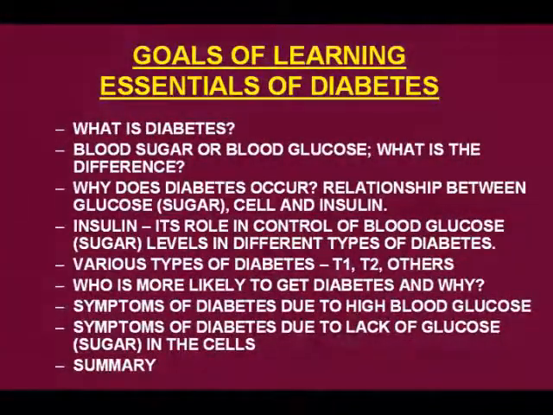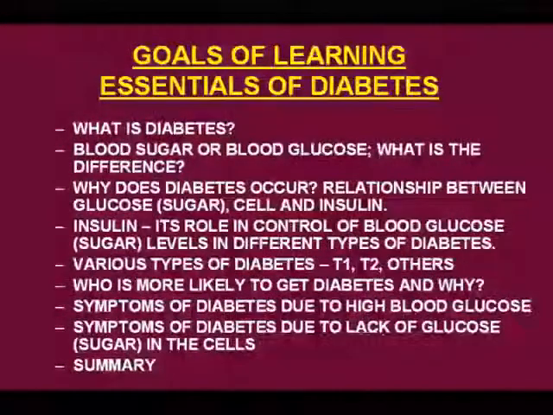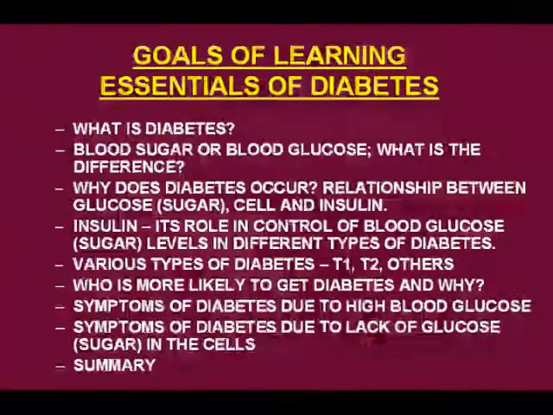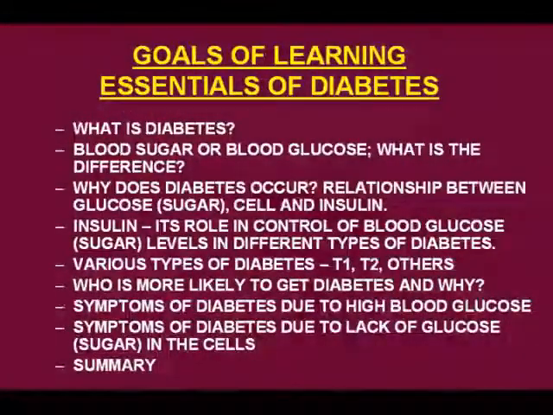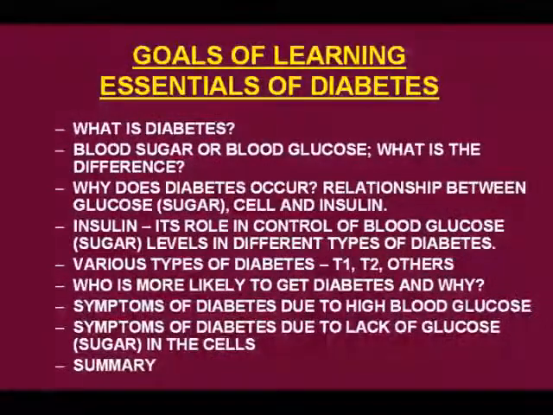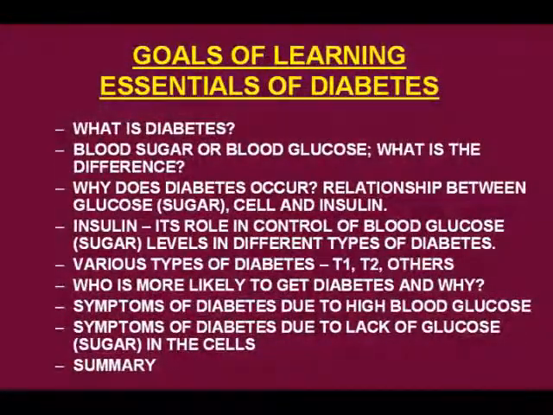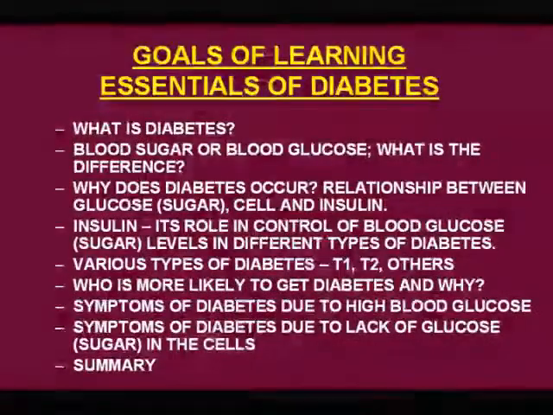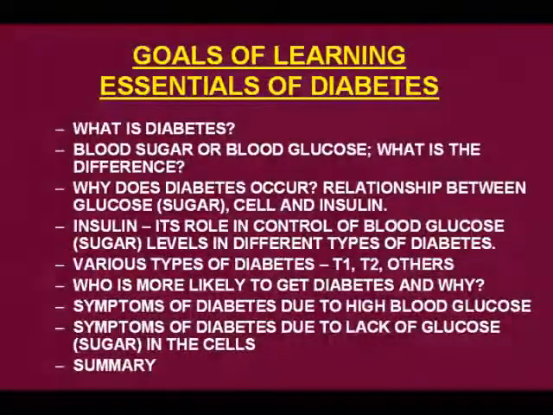What is the role of insulin in control of blood glucose levels in different types of diabetes? You will also learn about various types of diabetes, including type 1, type 2, also called T1 and T2, and other types of diabetes.